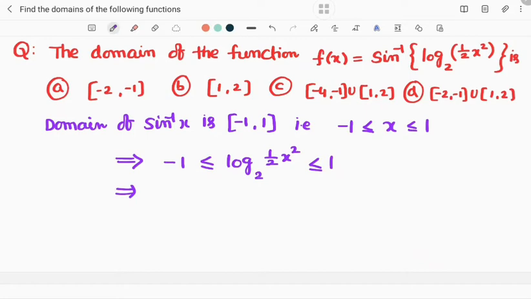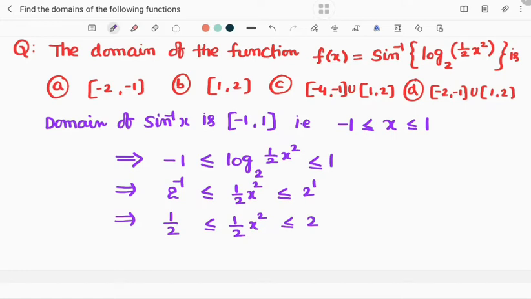So if you remove that log from every term, 2 power minus 1 is less than or equal to half into x square is less than or equal to 2 power 1. 2 power minus 1 means 1 by 2 only, no? 1 by 2 is less than or equal to 1 by 2 x square is less than or equal to 2.